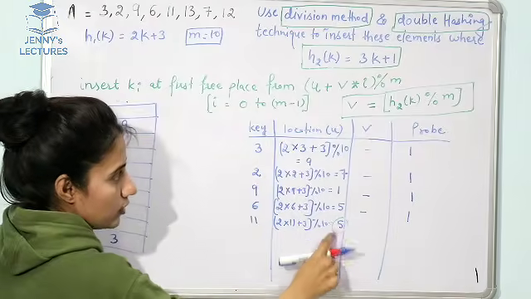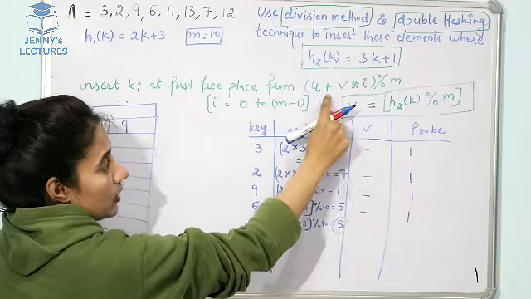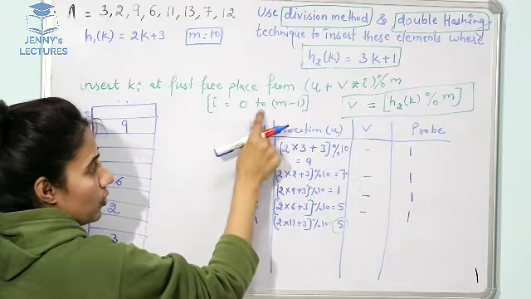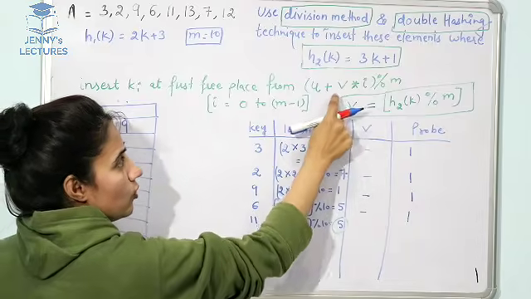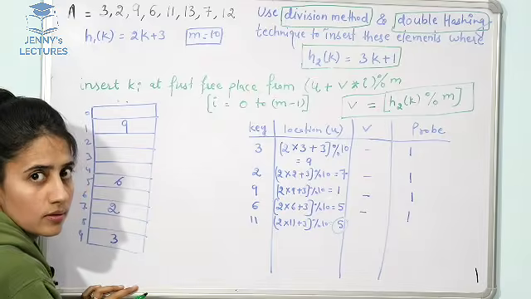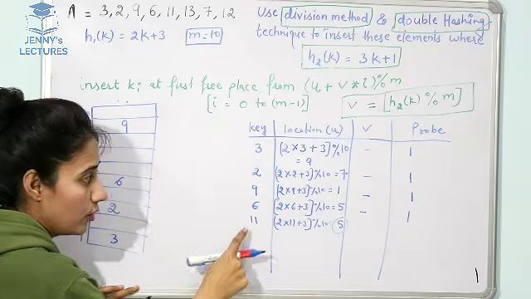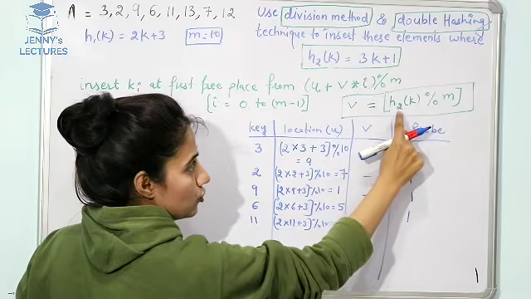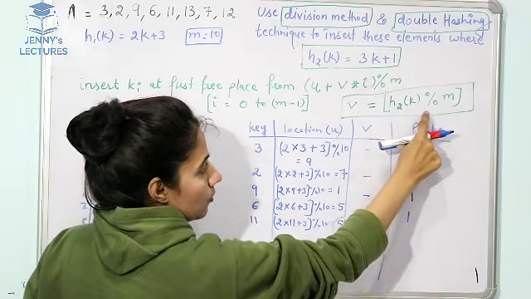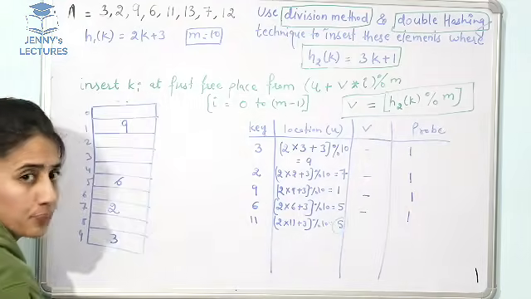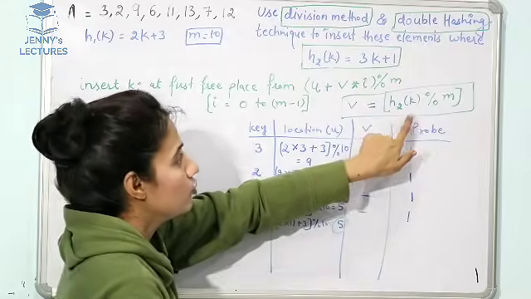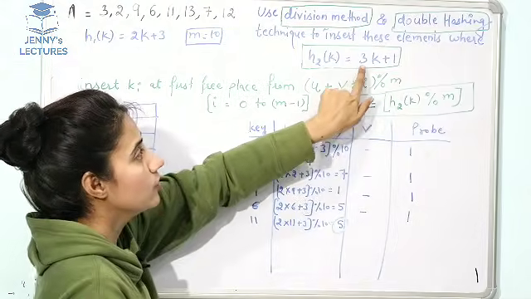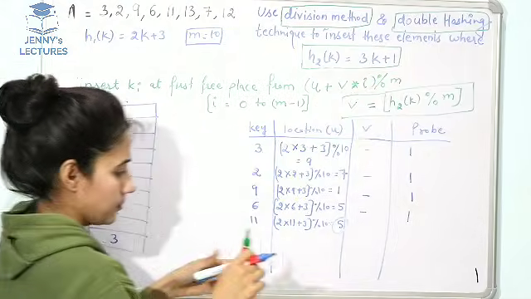We already know this one is u, that is 5, plus what i would be from 0 to m minus 1. Now calculate value of v. You have to calculate value of v for 11. How to calculate value of v? V would be calculated like this: h2(k) mod m. Okay, and what is h2(k) here? h2(k) is given 3k plus 1.